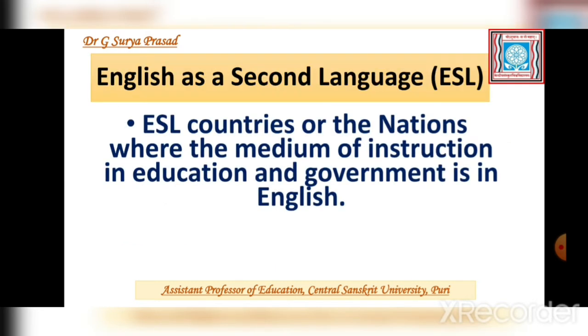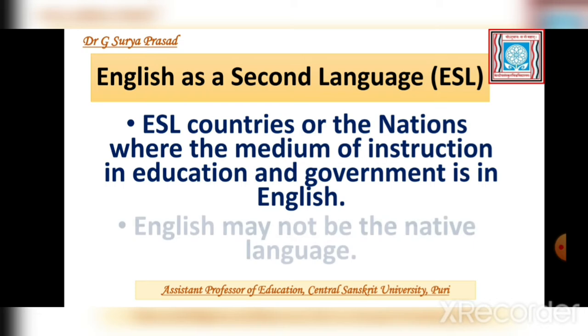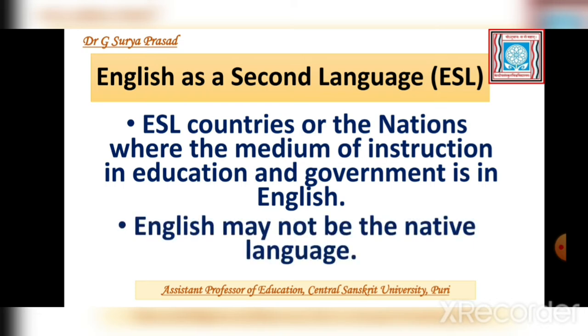ESL countries are the nations where the medium of instruction in education and government is English. Be it medium of instruction in educational institutions or government orders, that will be in English in ESL countries.